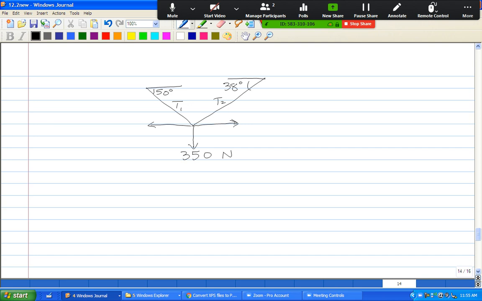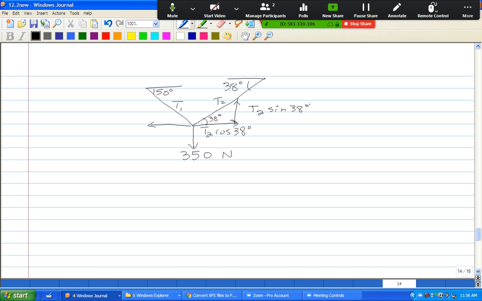Well, this has length T2. If this angle is 38, this angle also is 38 degrees. If the length of this is T2, then the length of this is T2 cosine 38 degrees, and the length of this is T2 sine of 38 degrees.